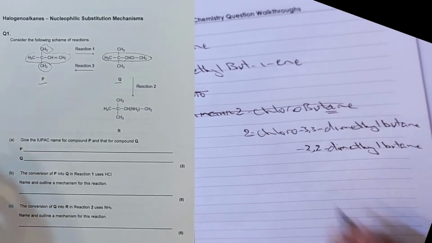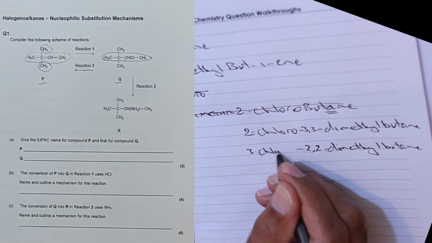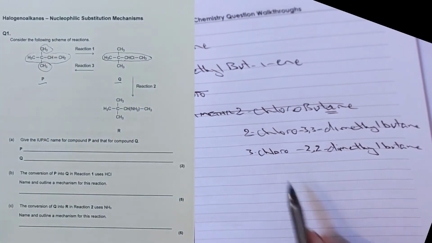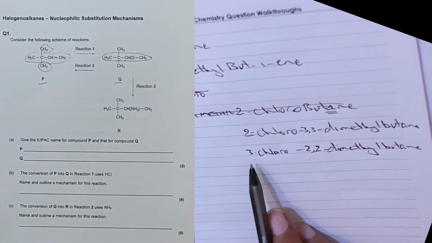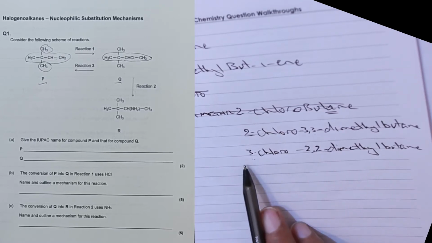And then it will be 3 chloro. Yes, the 3. So that is on a bigger carbon, but I'm getting more smaller numbers than I'm getting the bigger one. Do you get it? I'm getting more smaller numbers than I'm getting the bigger one, right?